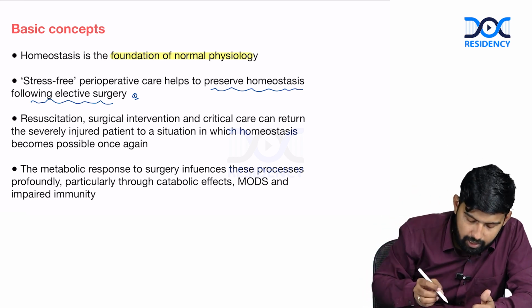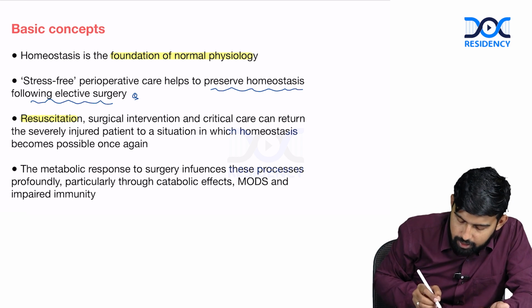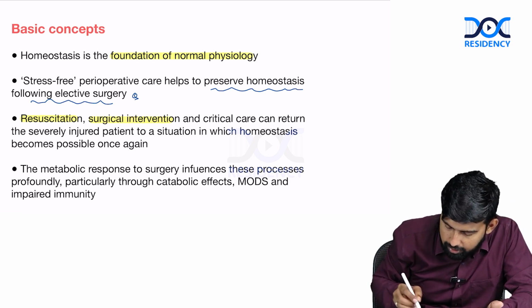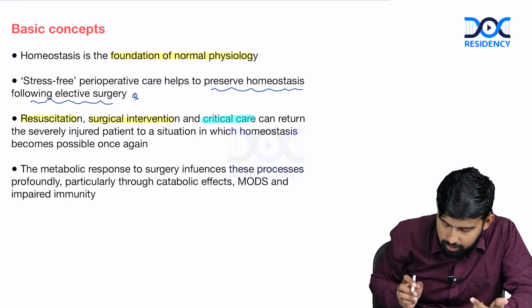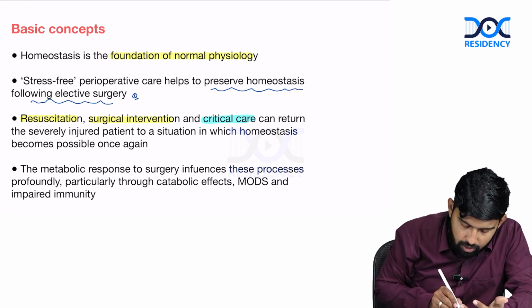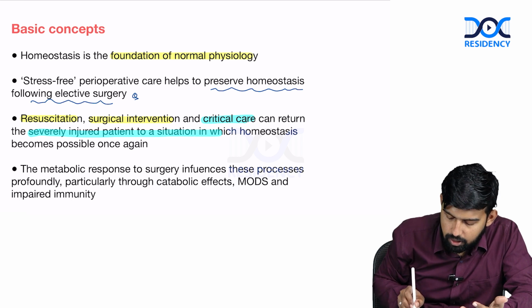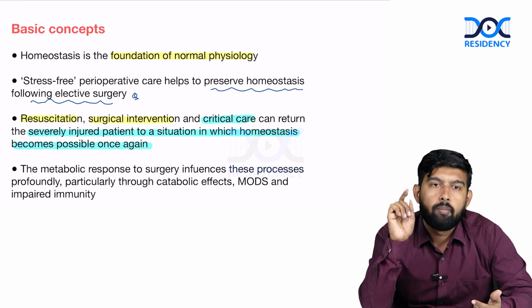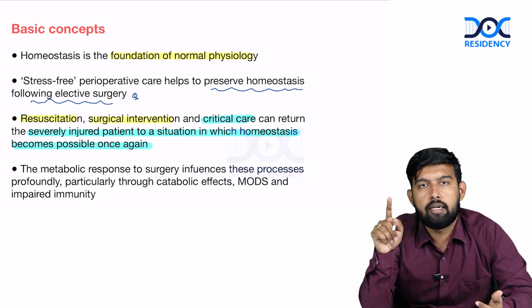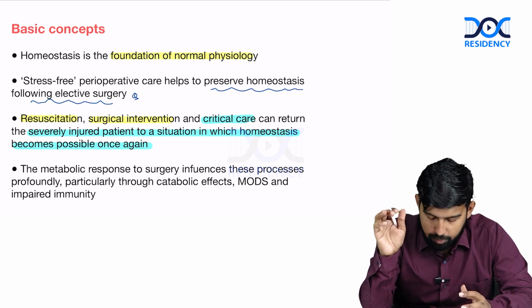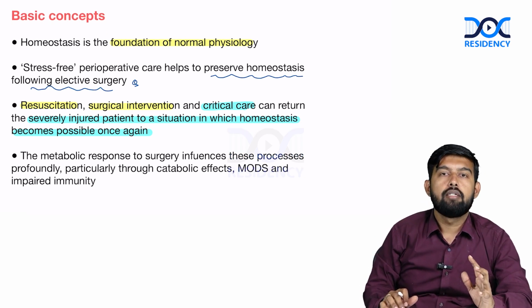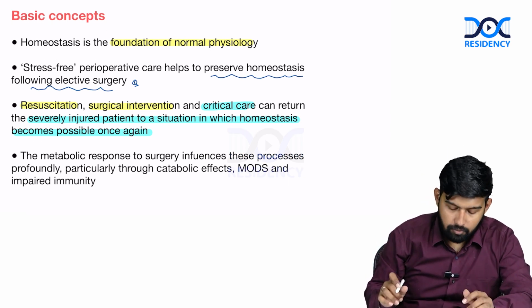By providing adequate resuscitation, surgical intervention, and proper critical care. This can return the severely injured patient to a situation in which homeostasis becomes possible once again. So by way of resuscitation, surgical intervention, and proper critical care, we can maintain the homeostasis of the body in a surgically critical patient.